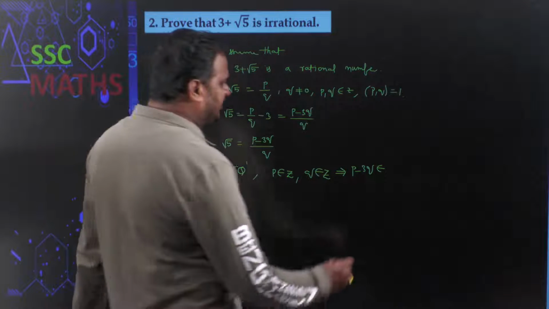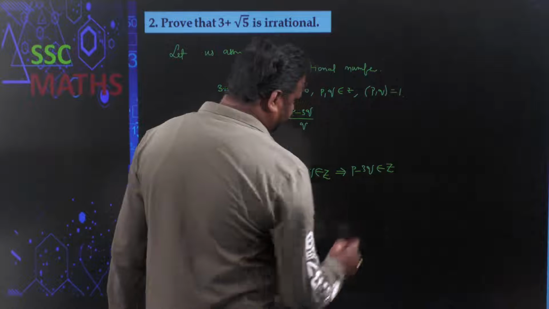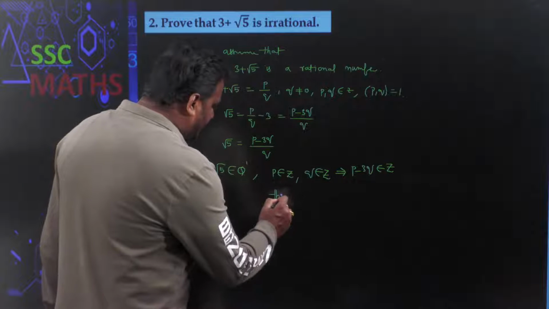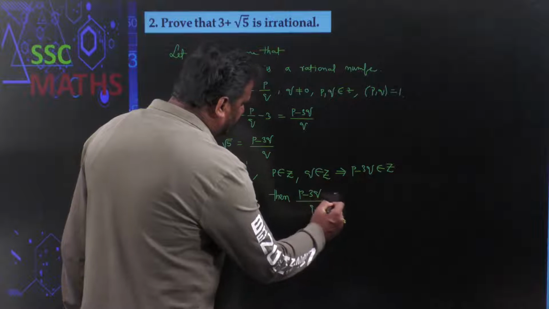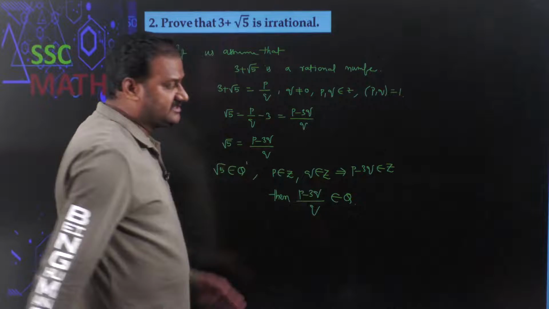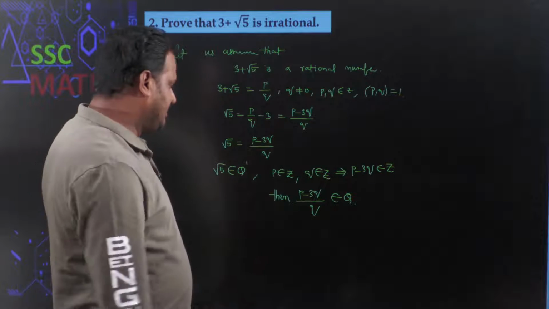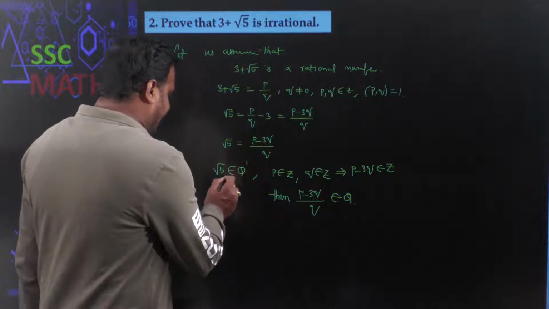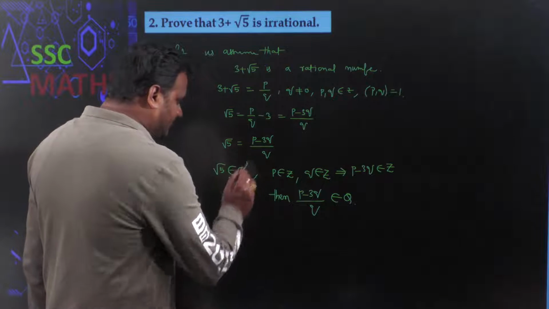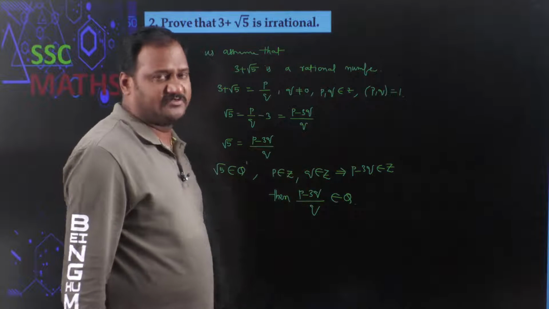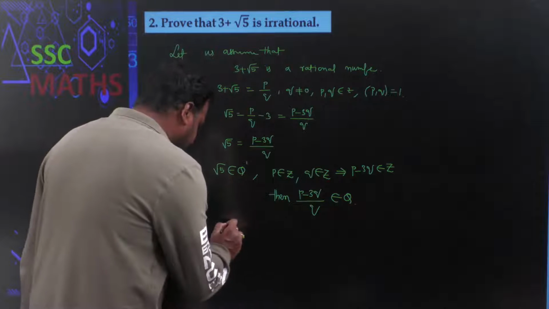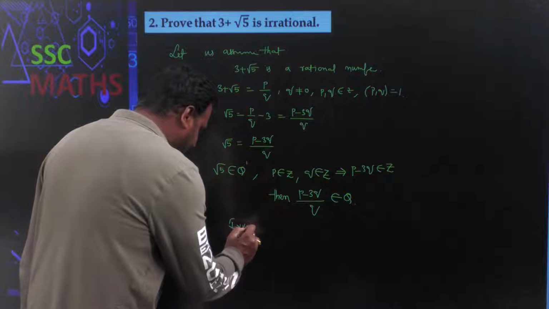Then P minus 3Q is obviously an integer. So P minus 3Q divided by Q is obviously a rational number, because an integer divided by an integer gives a rational number. So what did you get here? An irrational number is equal to a rational number, because root 5 is irrational and P minus 3Q by Q is rational.